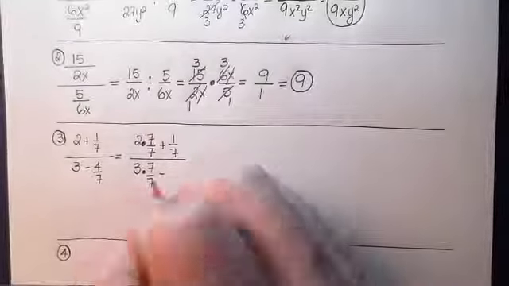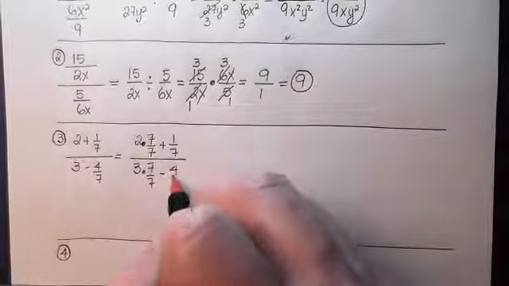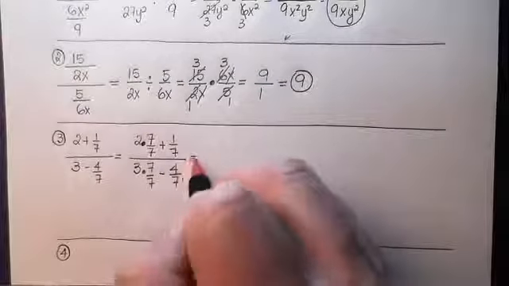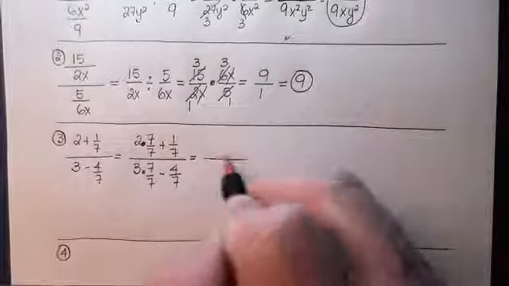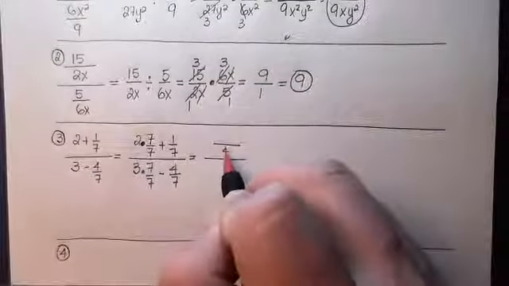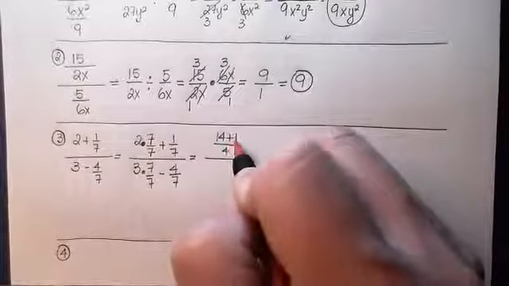I can see that the red doesn't really stand out, so I'm just going to do everything in the same color. Now that I've made sure that they have the same denominator, I can write one common denominator. 2 times 7 is 14 plus 1.